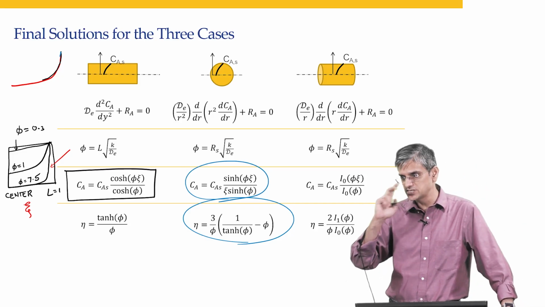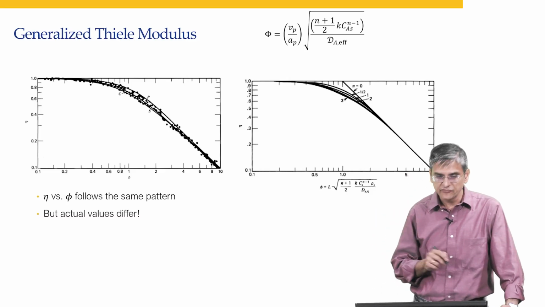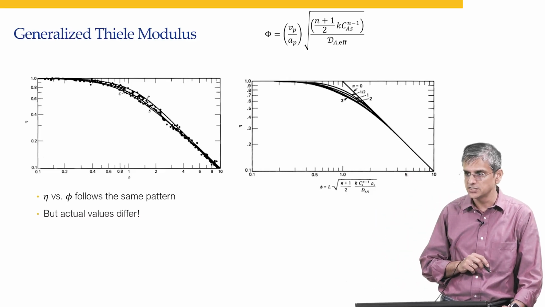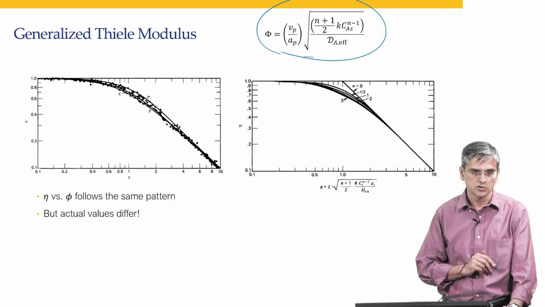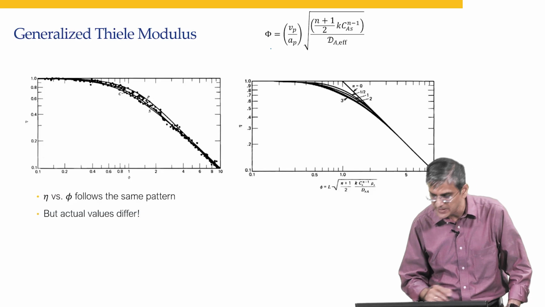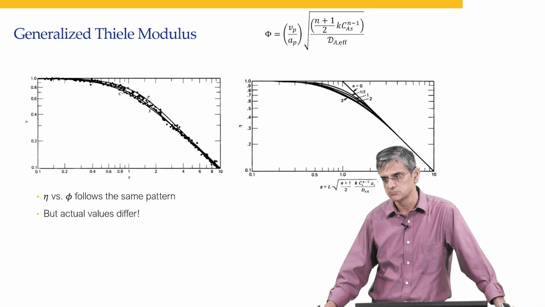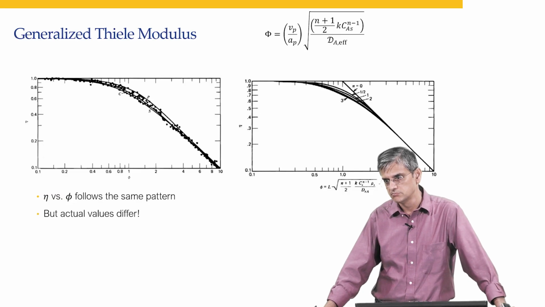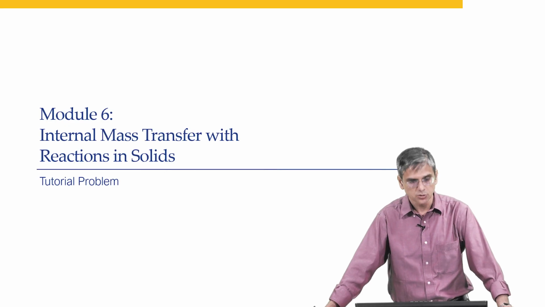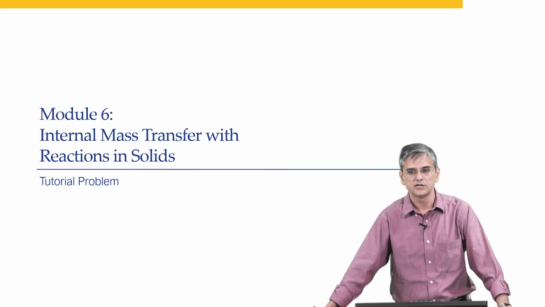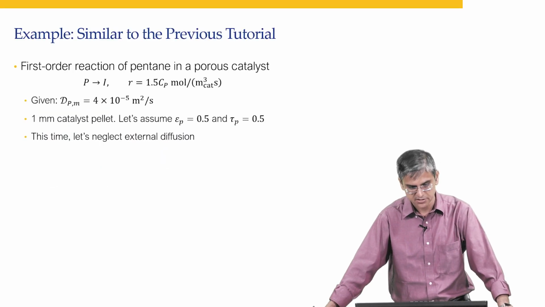What would be done in your second tutorial problem from yesterday, which we did not do, is if instead of the Thiele modulus, we were to do the generalized Thiele modulus for a spherical pellet, we will compare the generalized Thiele modulus with the regular Thiele modulus. That's all that is there when it comes to internal and external mass transfer limitation with reactions.